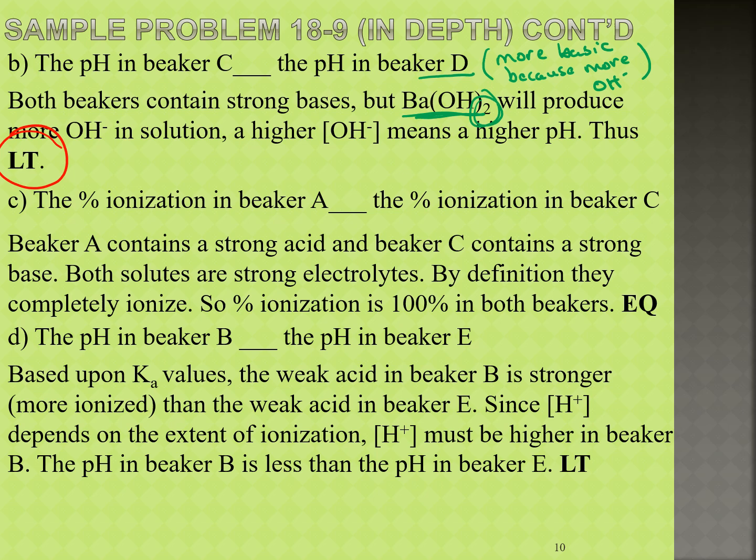All right, next up we're going to look at the percent ionization in A versus C. Well, A was a strong acid, so it's going to ionize 100%. And beaker C was a strong base, and it's going to ionize 100%.